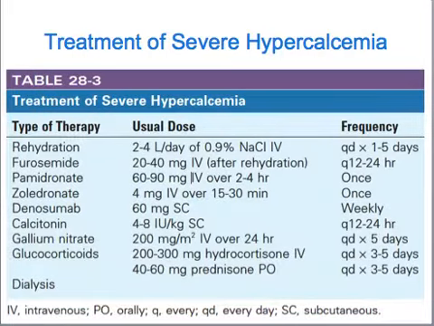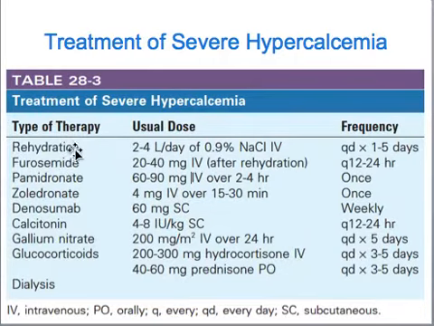So how about patients with severe hypercalcemia? Usually in the clinics we see them more in cancer patients, humoral hypercalcemia of malignancy. So how do we treat? First line will still be rehydration. Usually we give 2 to 4 liters per day of saline infusion. If it doesn't work, we can give furosemide, or if the levels are very high, we can combine both.